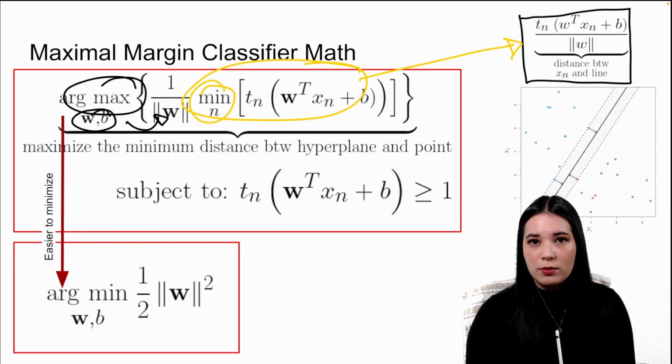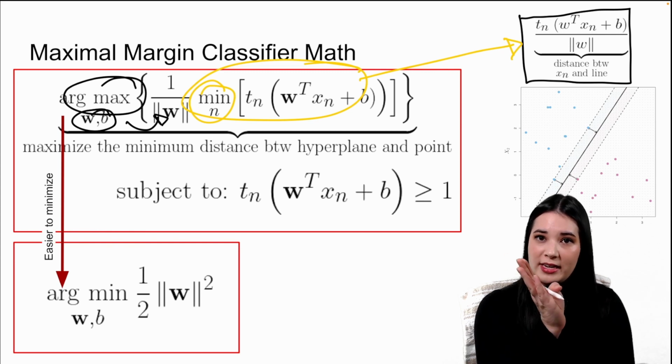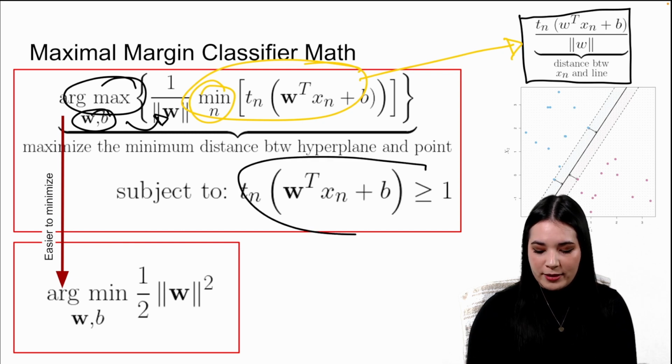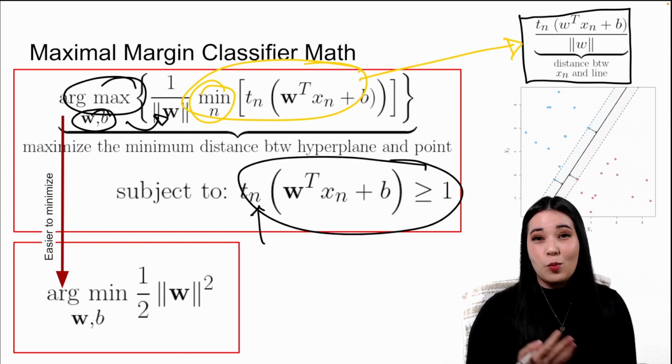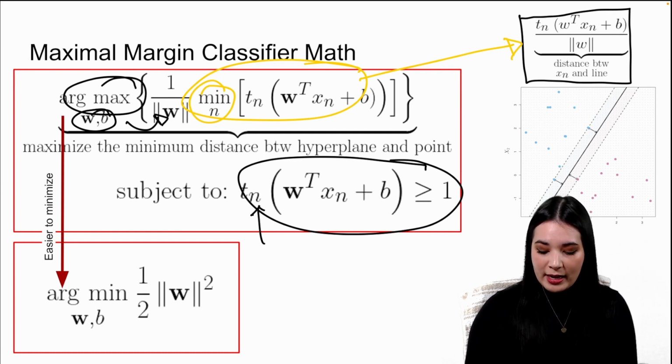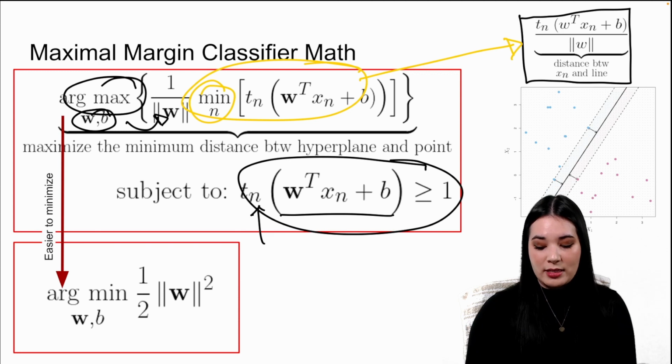However, because we're required to have all of the positive cases above the line and all the negative cases below the line, we have this constraint that we talked about earlier, that our target variable, either 1 for positive cases or -1 for negative cases, times this formula always has to be greater than or equal to 1.